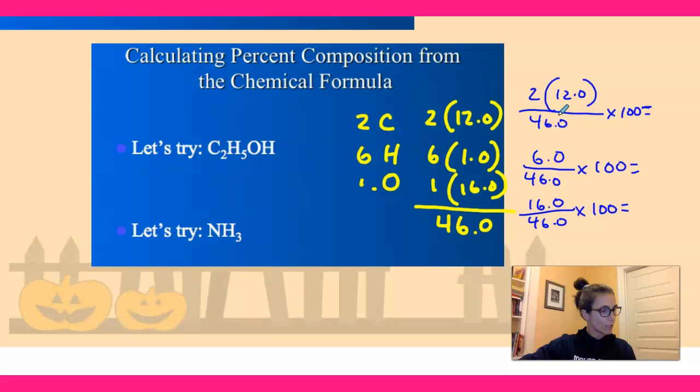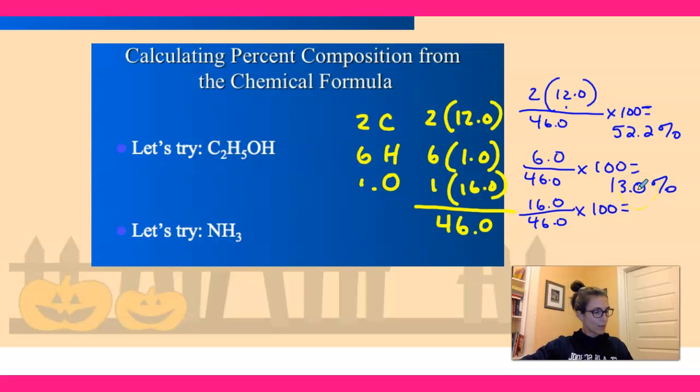So let's do our calculations here. We have 24, which is 2 times 12, divided by 46, times 100, and I'm going to round to 1 decimal place, and I get 52.2%. Now I'm going to calculate my percent hydrogen. I get 6 divided by 46 times 100, which gives me 13.0%.